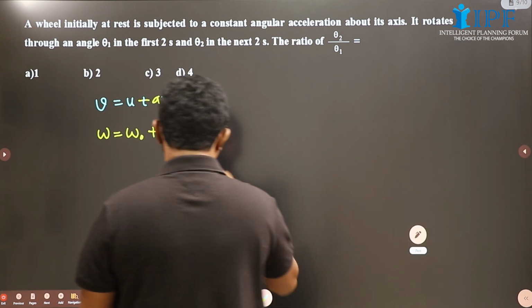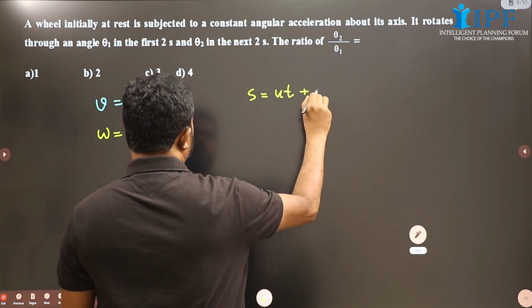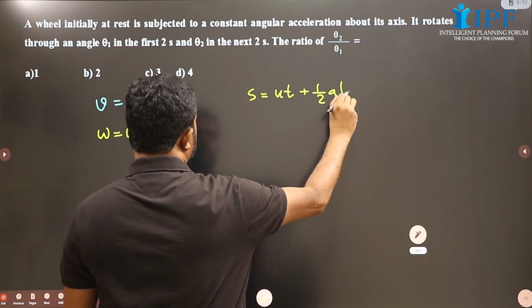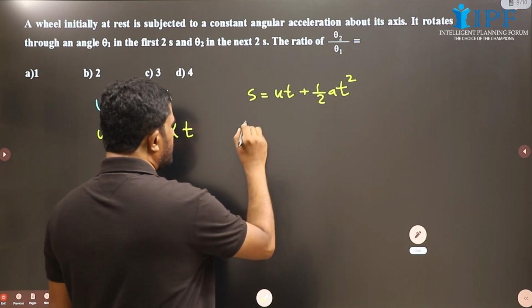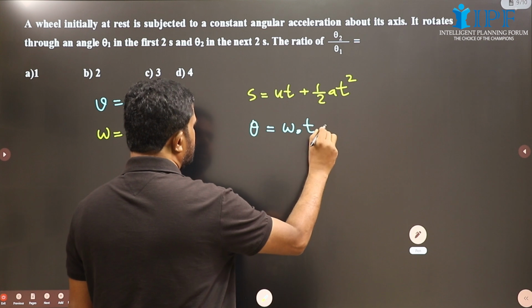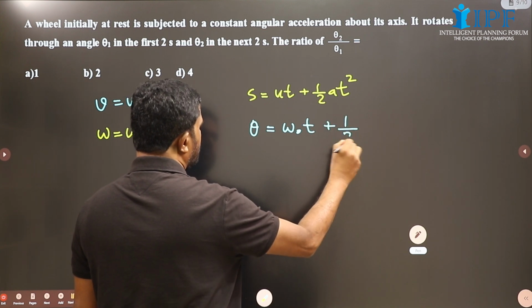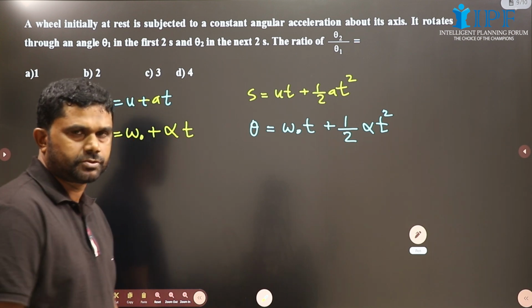And s is equal to ut plus half at square. The corresponding equation in rotational motion is theta equals omega 0 t plus half alpha t square.